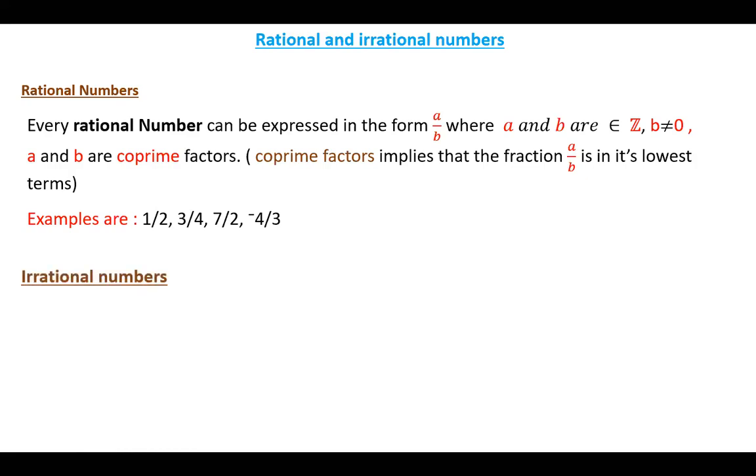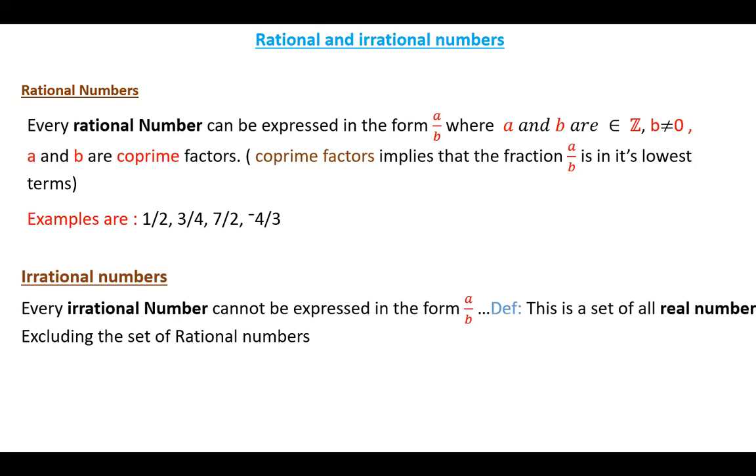Let's now look at irrational numbers. Irrational numbers are just the opposite of rational numbers as we defined yesterday. Every irrational number cannot be expressed in the form A over B. The other way you can define an irrational number is as the set of all real numbers excluding the set of rational numbers.